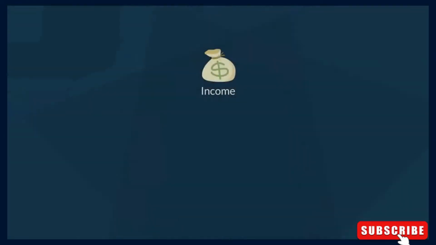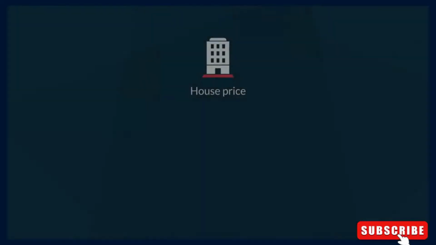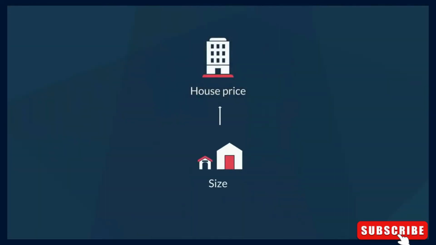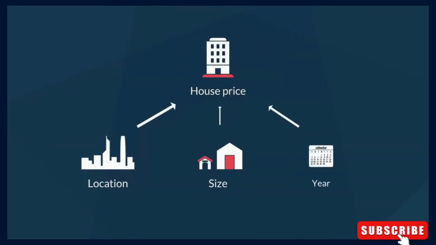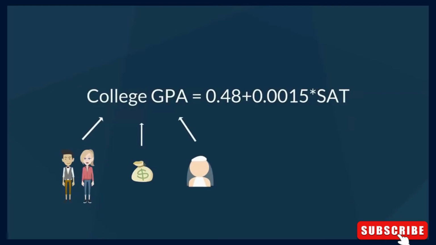We said that, in real life, a person's income does not depend solely on education, but also their experience, the time they have spent with their current employer, and so on. House prices do not depend solely on their size, but also on location and year of construction. College GPA cannot be predicted solely by a student's SAT score, but also by their high school GPA, income, gender, and so on.